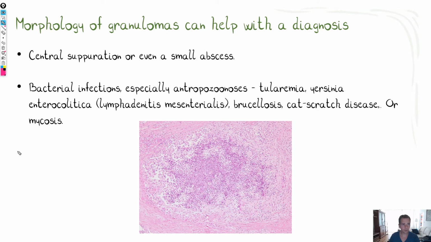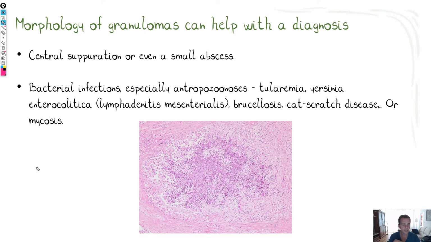The third type of immunogranuloma is a granuloma with central suppuration. There is no caseous necrosis in the center, but instead there is basically a small abscess, pus in the center of the granuloma, with epithelioid macrophages on the periphery. We call this a granuloma with central suppuration, or suppurative granuloma.